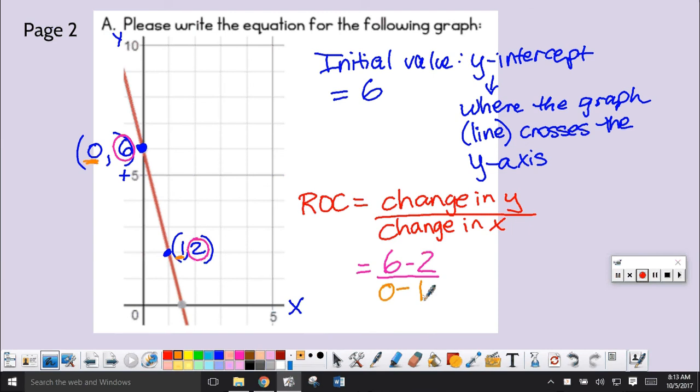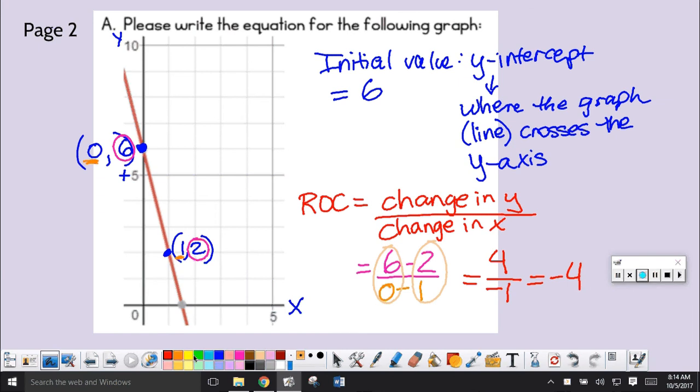You need to make sure that these points line up: these are my x and y values that go with the ordered pair together, and these are my x and y values that go in an ordered pair together also. So 6 minus 2 is 4. 0 minus 1 is negative 1. 4 divided by negative 1 is negative 4. So my rate of change is negative 4.